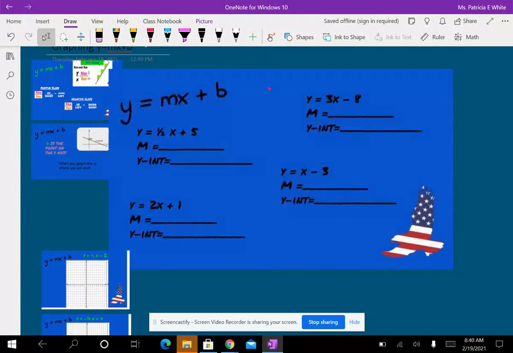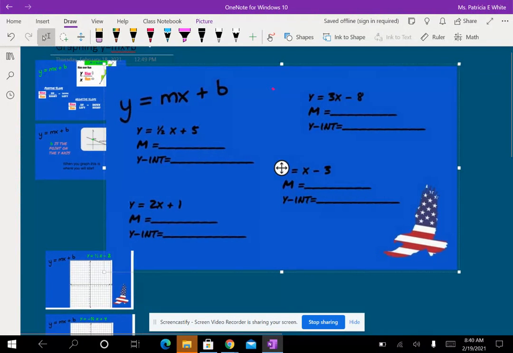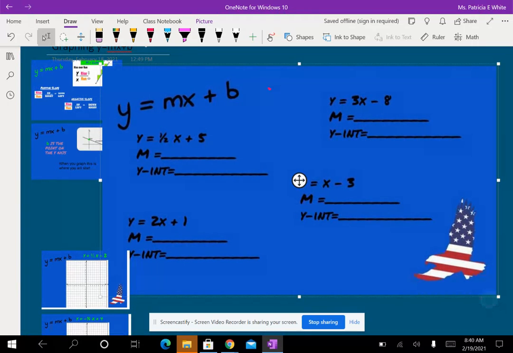So just looking at our vocabulary a little bit, and these problems are on that paper I gave you. What is my slope? Just identify your slope and your y-intercept on this paper. My slope is always the coefficient of x, not the x, but the number sitting in front. So on this one, my slope is 1/2.